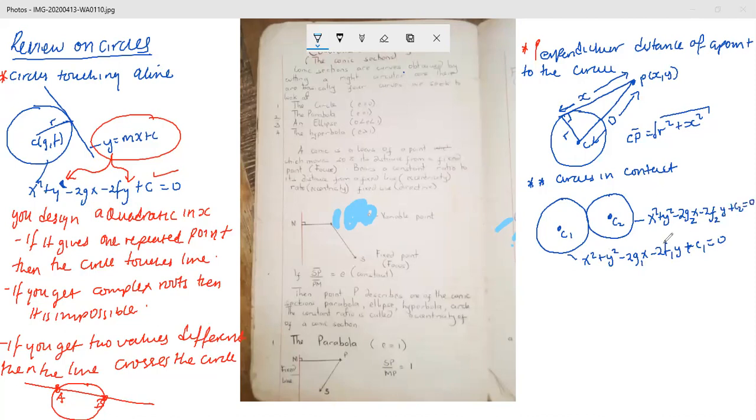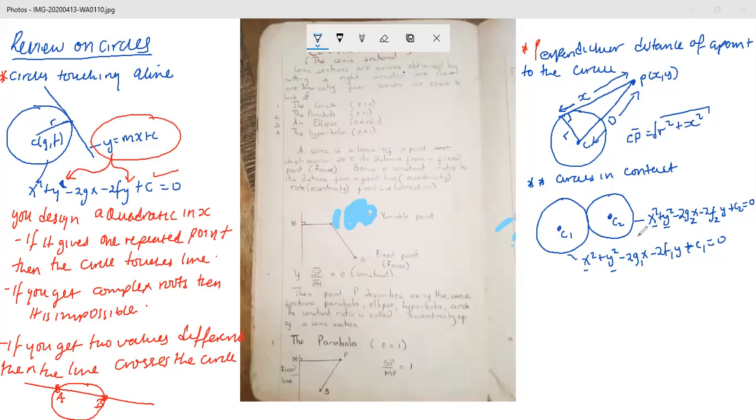Then you solve simultaneously by elimination. You subtract them. When you subtract the two equations, you eliminate x² with this one, eliminate y² with that one. Then you get x and y.